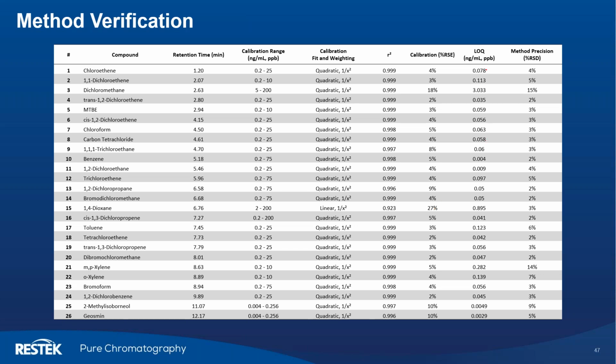Our LOQs were very good and within the limits that we needed for each compound. And again, we had very good method precision, with all percent RSDs at or under 15% RSD, which was very good.